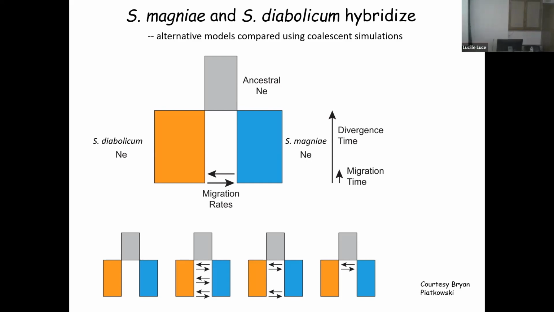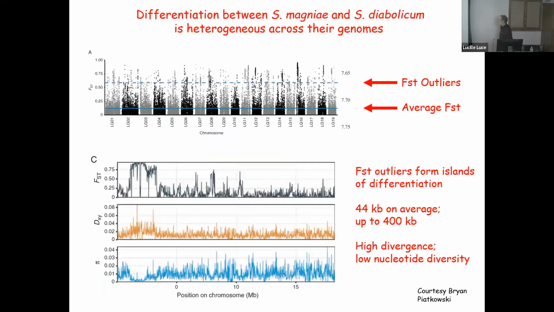And he tested models where there's been continuous gene flow since speciation, gene flow at the beginning, then isolation, and then secondary contact, or just gene flow briefly subsequent to speciation, or secondary contact only. And this by far was the most highly supported model. So we do think that there's introgression going on between these species.